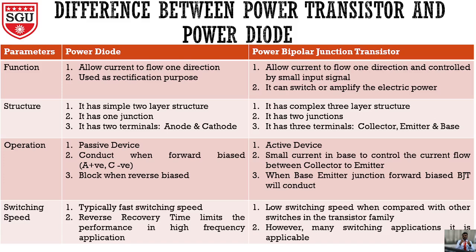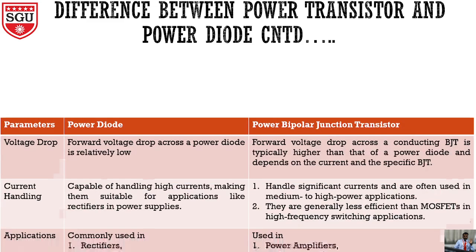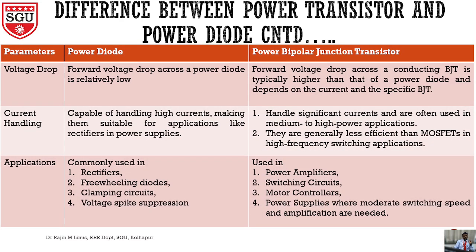At the same time, the power bipolar junction transistor has low switching speed when compared with other transistor families, for example MOSFET and IGBT. However, in many switching applications it is applicable. Then next category is voltage drop. Forward voltage drop of the power diode is relatively low, very less. But in the power bipolar junction transistor, the forward voltage drop across the conducting transistor is higher than the power diode.